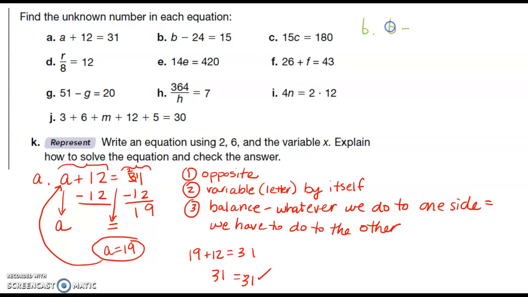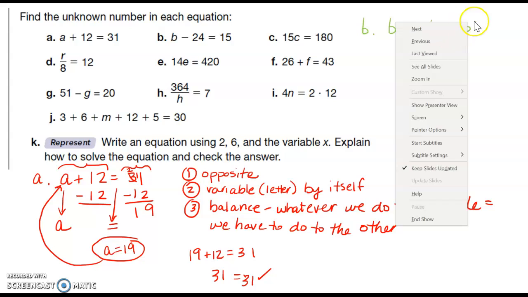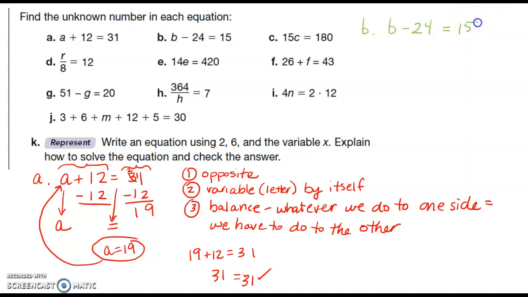I have B minus 24 is equal to 15. So right now I'm subtracting 24 from some number I don't know, and I have to do the opposite. That's my step number 1. So the opposite is plus 24. So 24 minus 24, I'm going to cross that out.